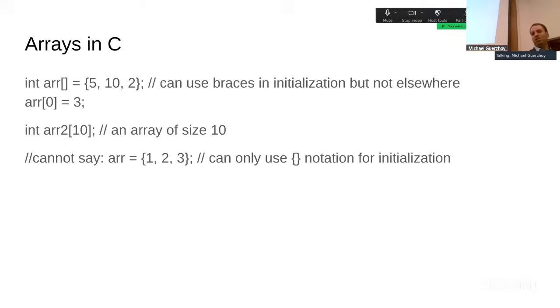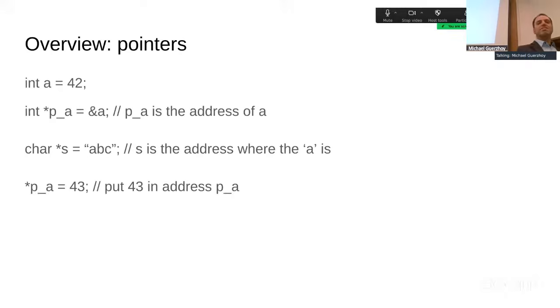So arrays are like this. We just discussed them at length. So here's more details about pointers. This is the syntax that we saw before. So you say int A is 42. Okay, that's the usual thing.